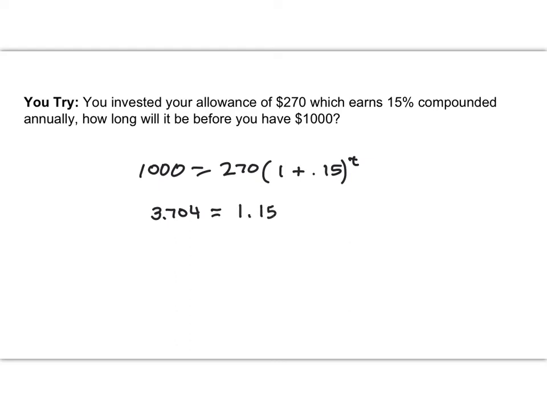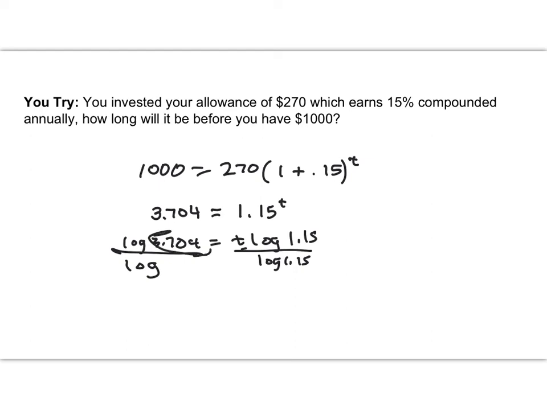Equals 1.15 to the t. Take the log of both sides. Divide both sides by the log of 1.15. Remember, don't round this answer. Use the answer button and then divide by log of 1.15. That means that t is about 9.37 years.